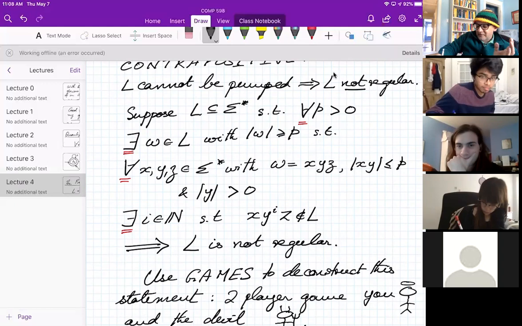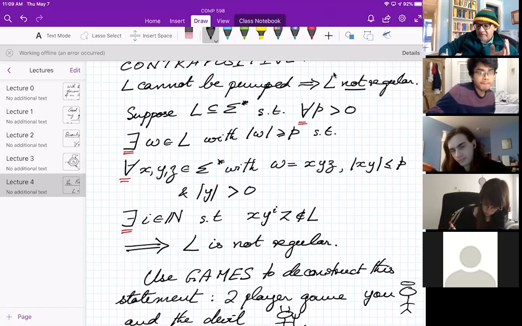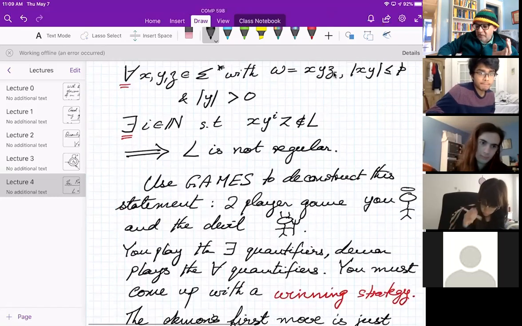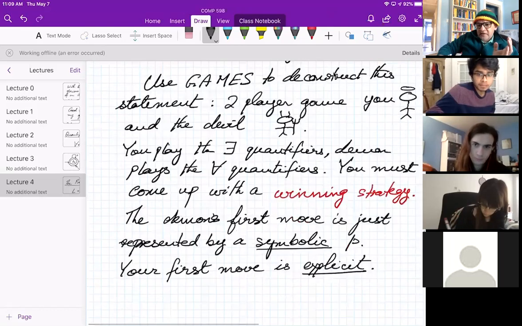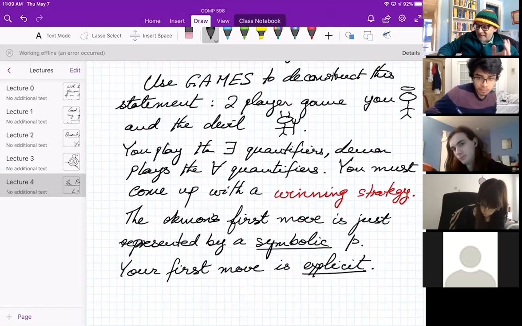He has to choose W to be equal to the concatenation of X, Y, Z. Can't just choose X, Y, Z arbitrarily. The demon is constrained to make the length of XY less than or equal to P, and the demon is constrained to make the length of Y strictly positive. Okay, but apart from that, the demon has complete freedom. You don't get to say, let's pretend X is this and Y is this and Z is that.